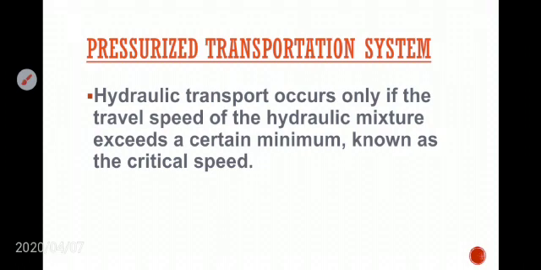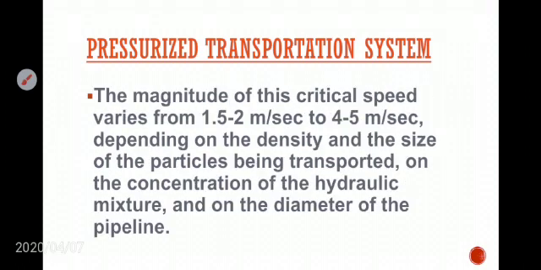Without critical speed, the hydraulic mixture, that means the mixture of mineral and water, cannot be transported. Generally the critical speed varies from 1.5 meters per second to 5 meters per second. This clearly depends on the density and size of the particles which are to be transported.